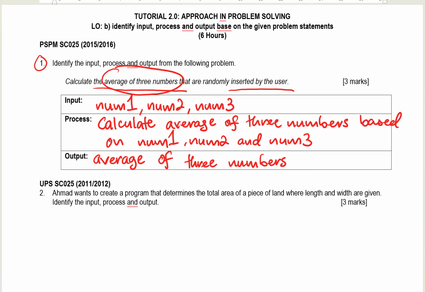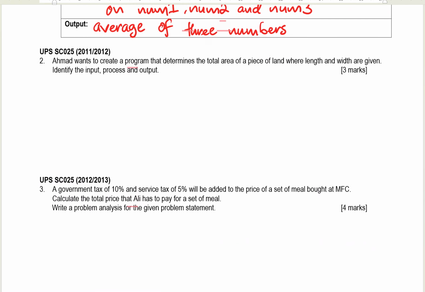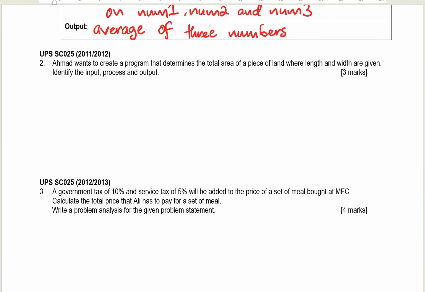Right, next we move to question number 2. Ahmad wants to create a program that determines the total area of a piece of land where length and width are given. So you have to identify the input, process and output. That is IPO. So first of all, you have to identify the output first.